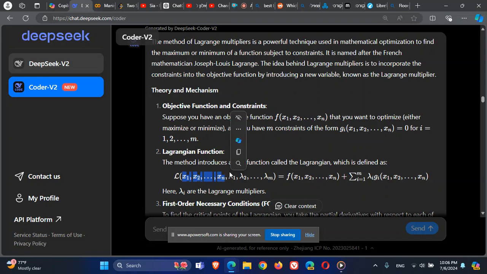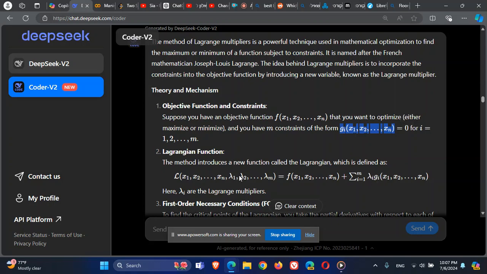Those are the variables from the function, and lambda 1 to lambda m is a lambda for each constraint. So this is the function, and I add to it each constraint, when it equals 0, times the lambda of its constraint.